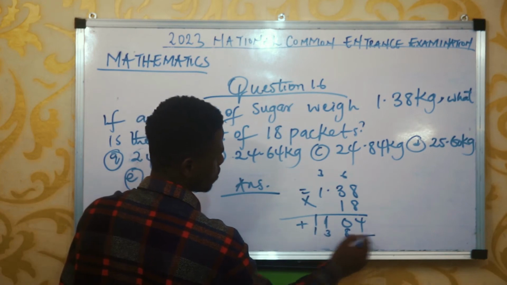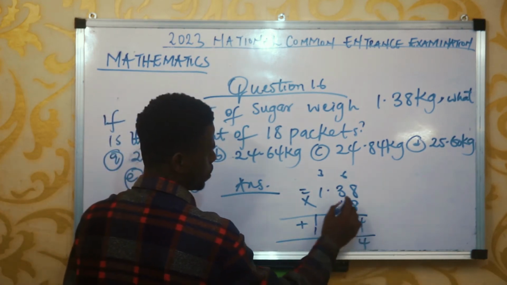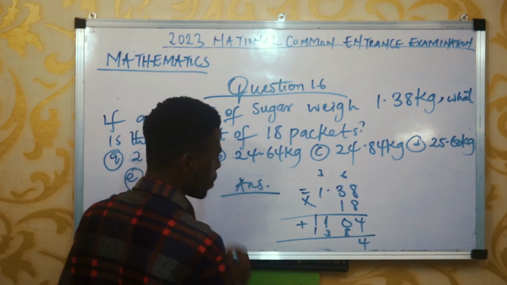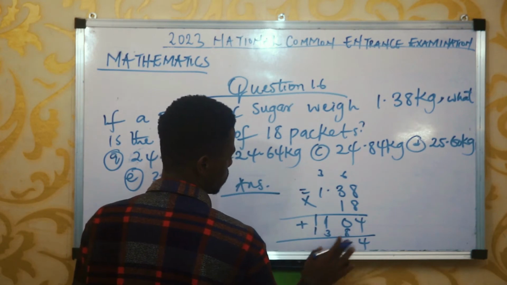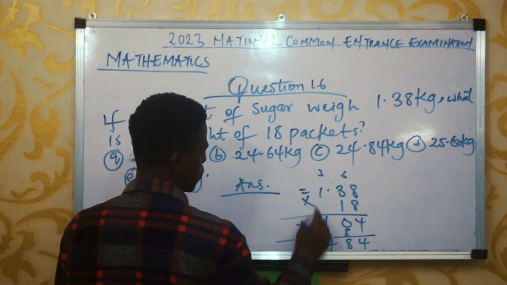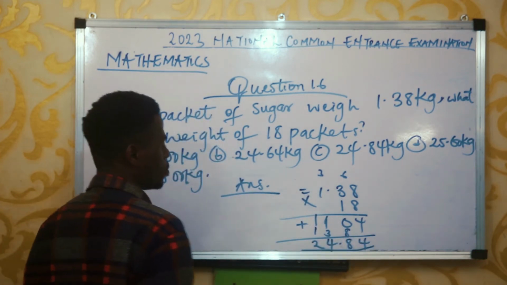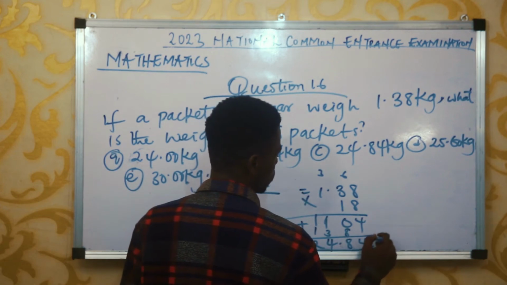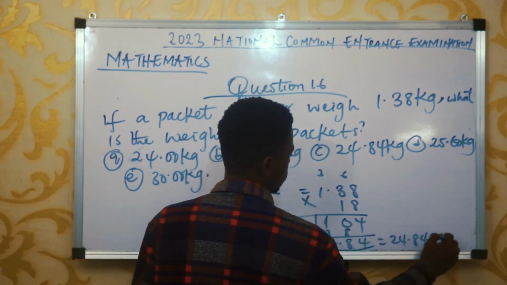Then we add. We have 4 here. 8 plus 0 is 8. 3 plus 1 is 4. Then 1 plus 1 is 2. Put 2 here. So in this case we have 24.84 kilograms.